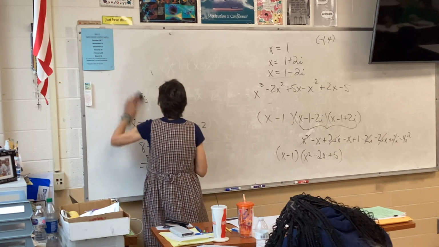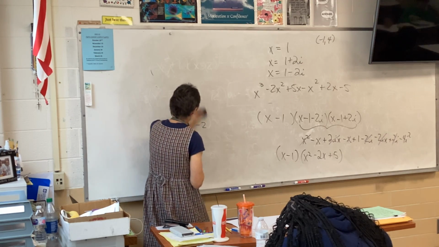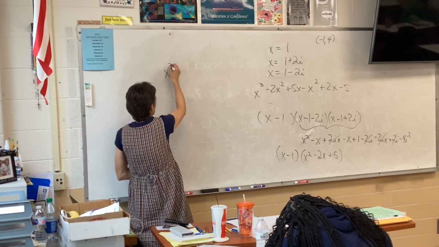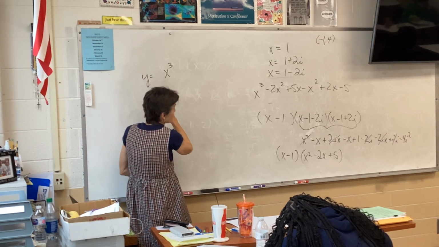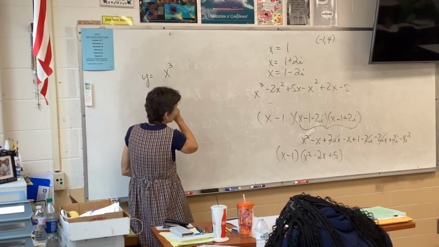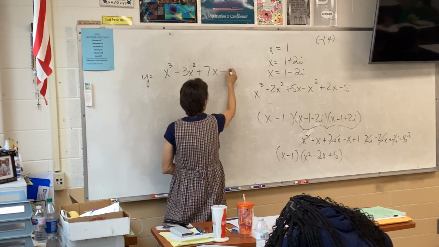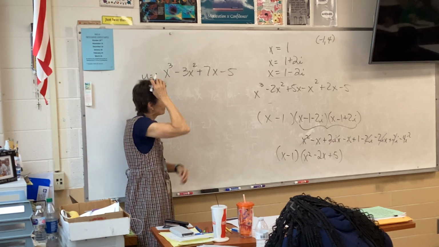So we get x cubed, what? Minus 3x squared plus 7x minus 5. Anybody else get that? Yes.